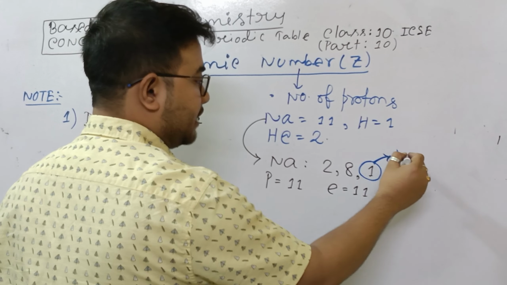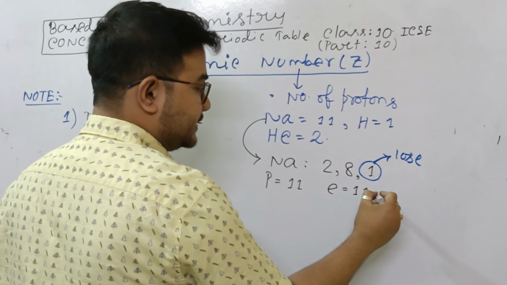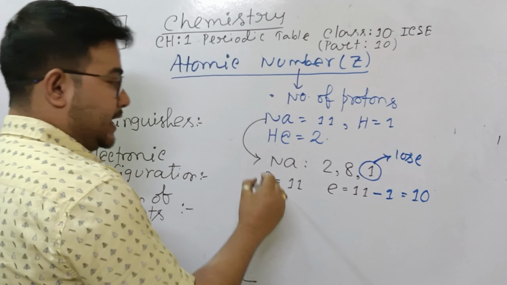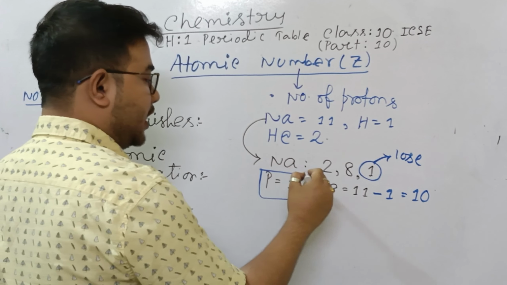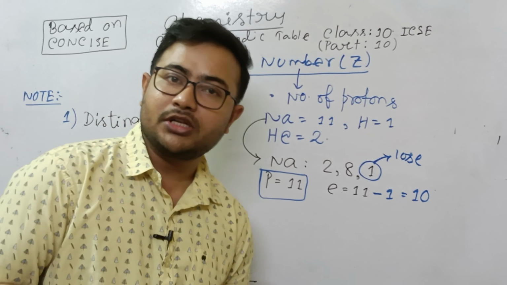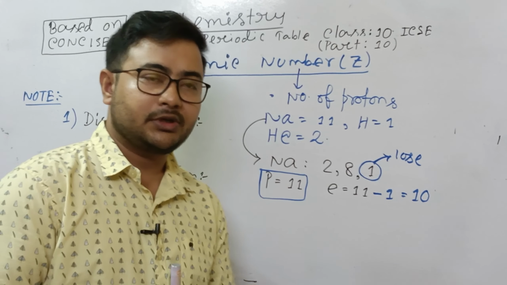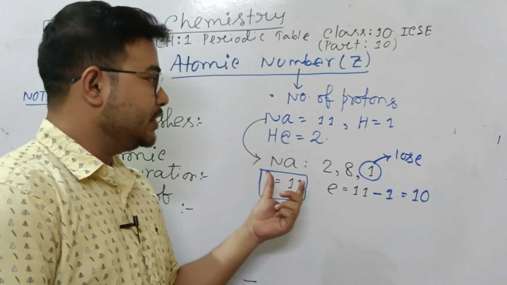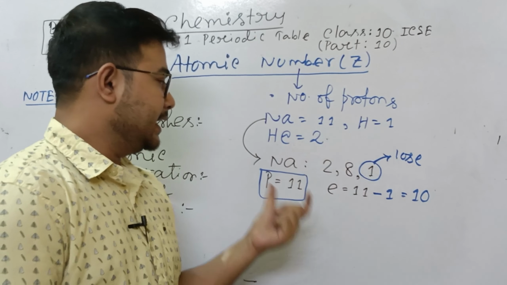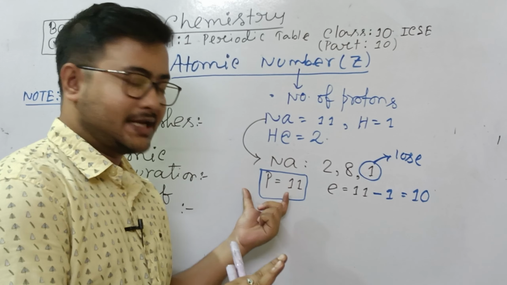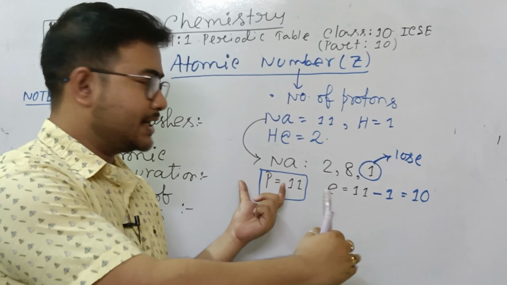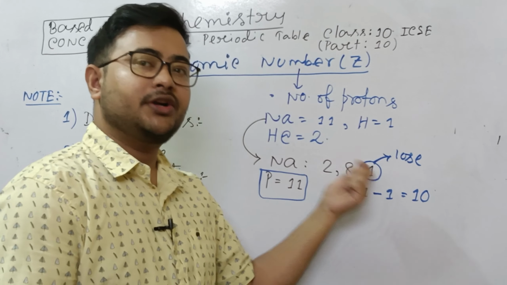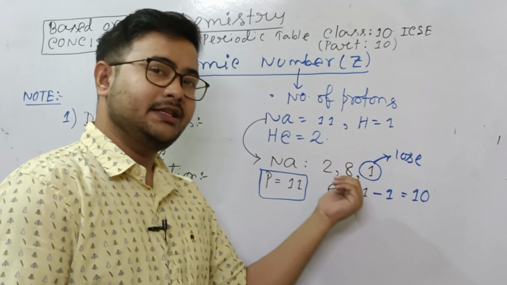Since it loses one, electron number becomes 10, but the number of proton must be constant, because I already told it is not possible to lose the proton generally from the nucleus. So keeping in your mind, in all cases number of proton remains constant and same throughout the reaction, but number of electron may be increased or decreased. If lose, then decrease. If gain, then increase.